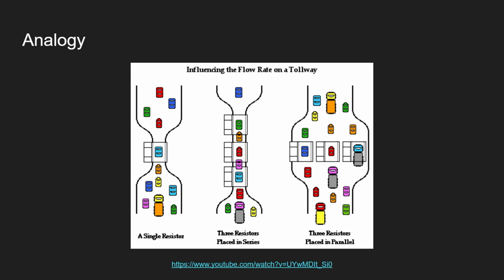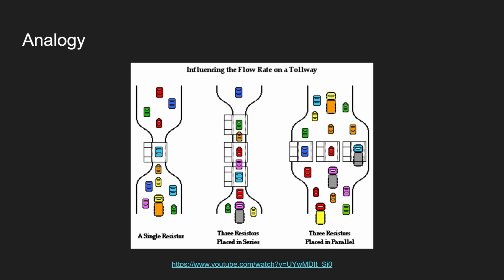Analogy, yes. I've talked about the analogy for a very long time. So think in this way: when you have a circuit in series, you have different checkpoints, different roadblocks, all in one place, so it will become slower and slower.